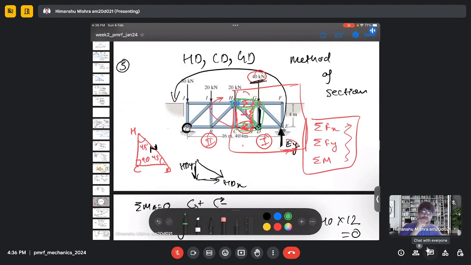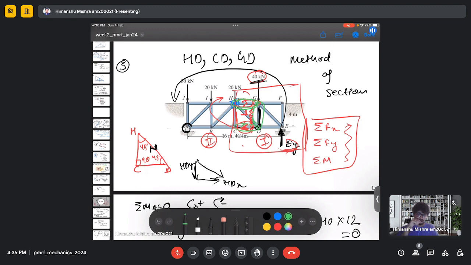So any doubt in this question? Sir, how did you assign the direction, sir? CD direction and HD, HG. So as of now, I assign the direction randomly. If you do the moment balance or the force balance analysis, you will actually get the direction.